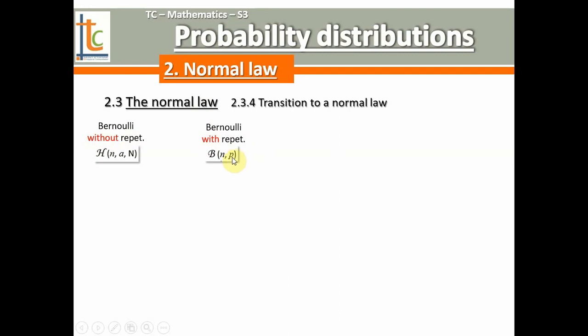That corresponds to a probability of success that is constant, whatever the number of trials. We've got the fact that it's possible to use a binomial distribution instead of a hypergeometric one if the size of the population is more than 20 times the size of the sample.